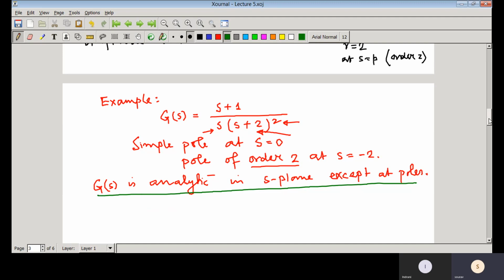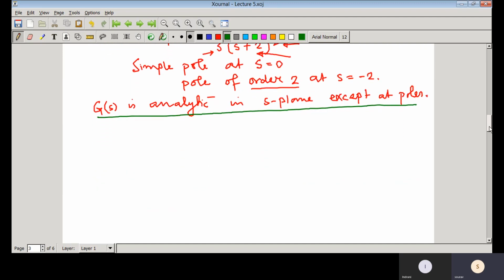So now we'll see the other definition, that is called the zeros of a function. Again, I am telling you, you all know those things from your signals and networks. Here I am just giving you all the formal definitions, and in control analysis we will be using these terminologies.